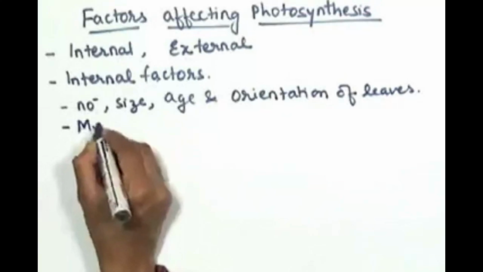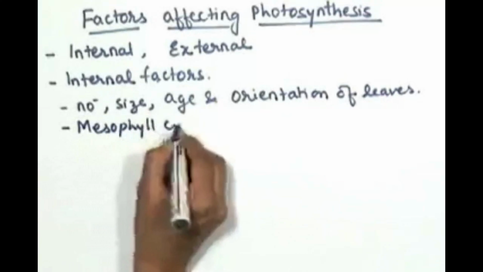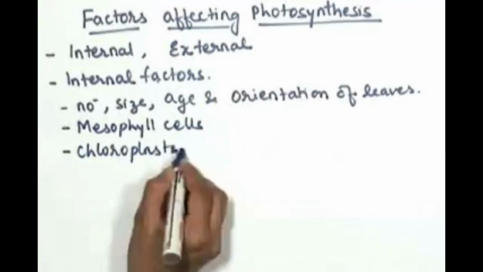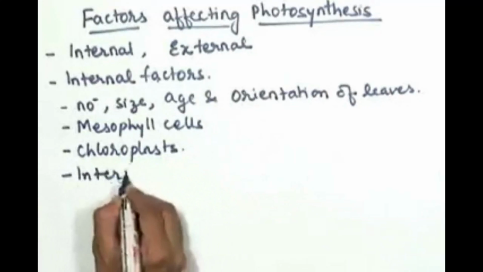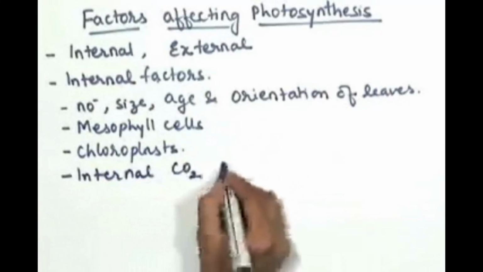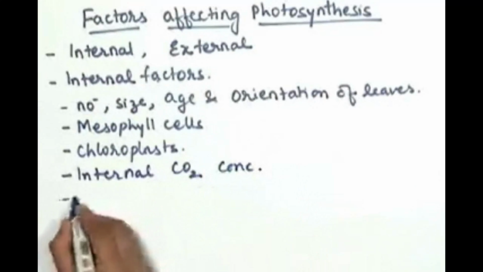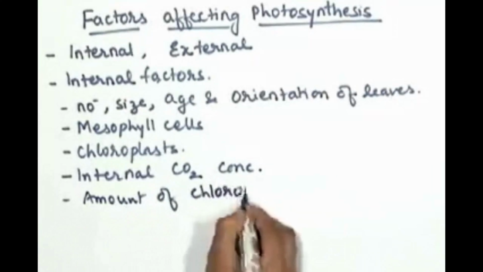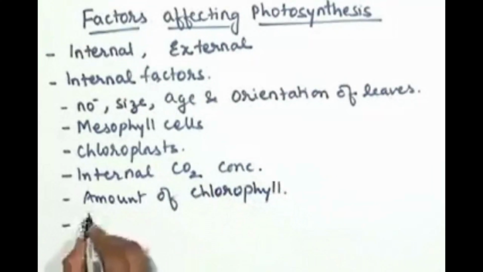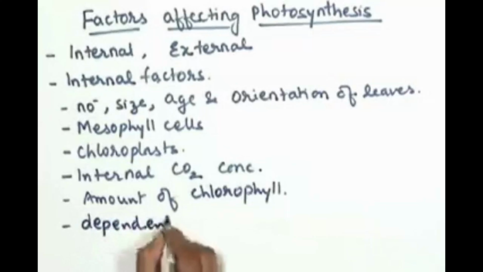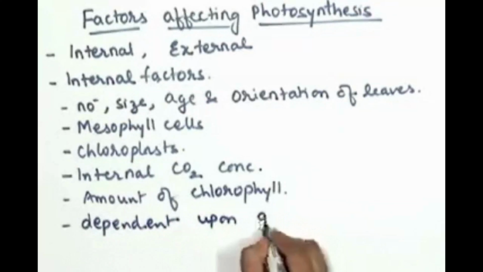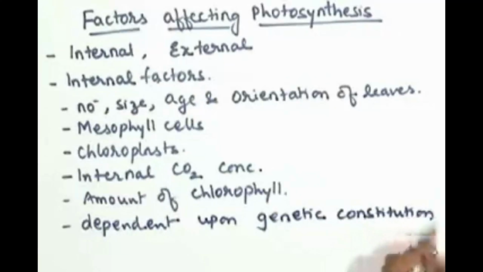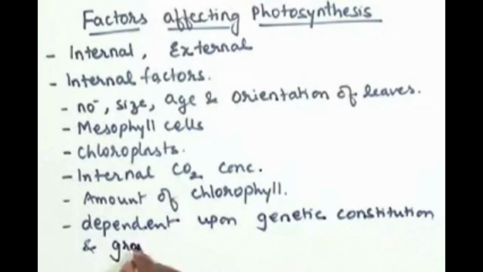Then it depends upon the mesophyll cells, chloroplasts, internal carbon dioxide concentration, amount of chlorophyll, and is also dependent upon genetic constitution and growth of plants.